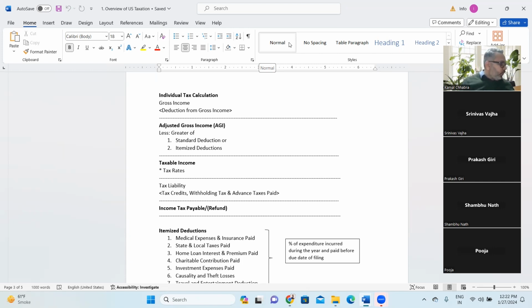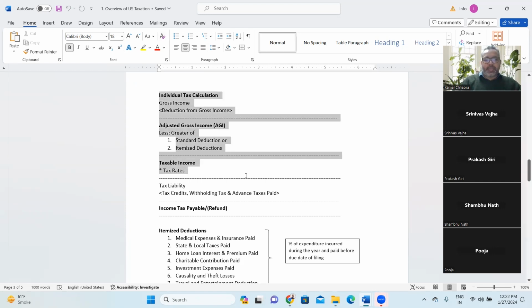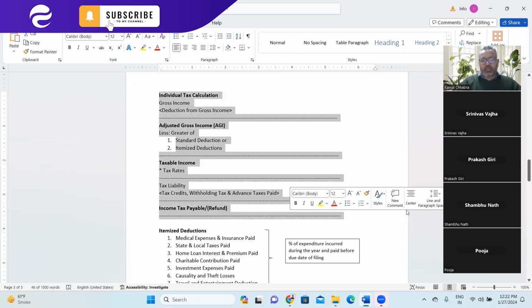Let me know once you are done. Done, everyone? Only this part, if you can just note it down.